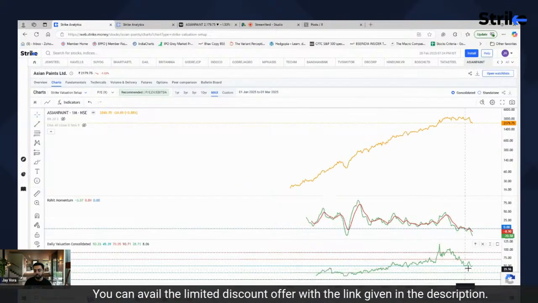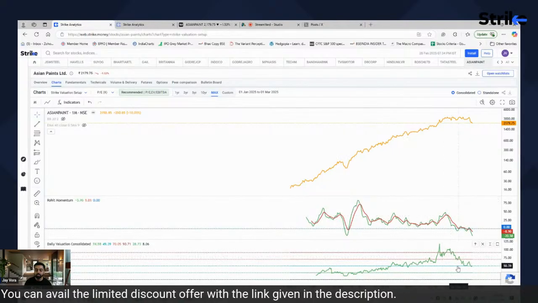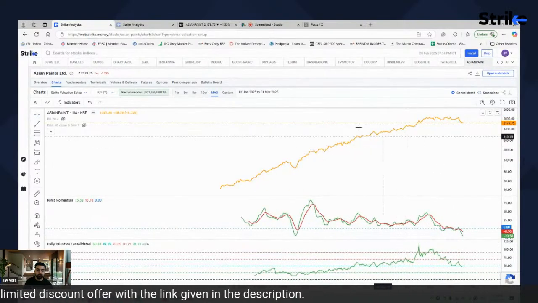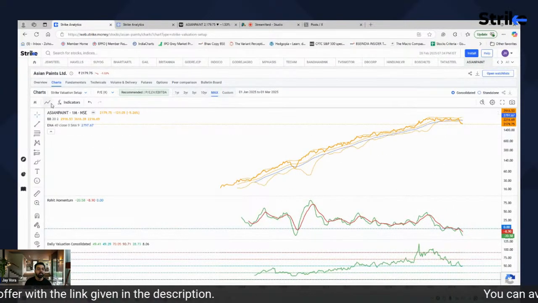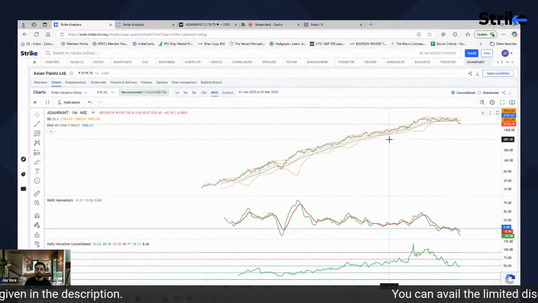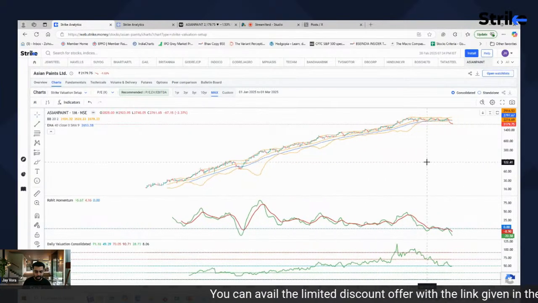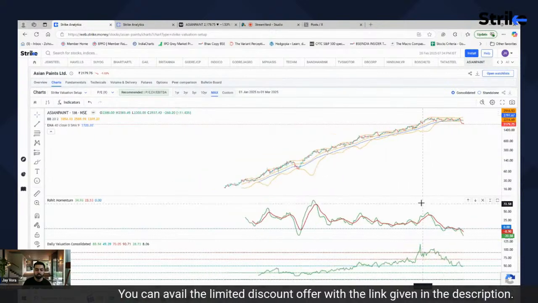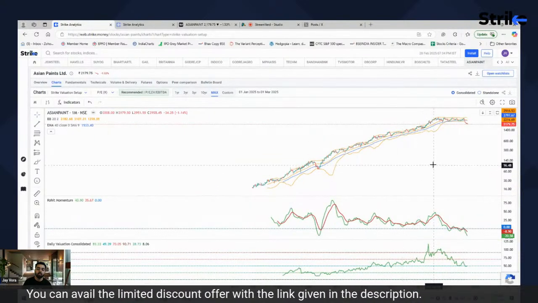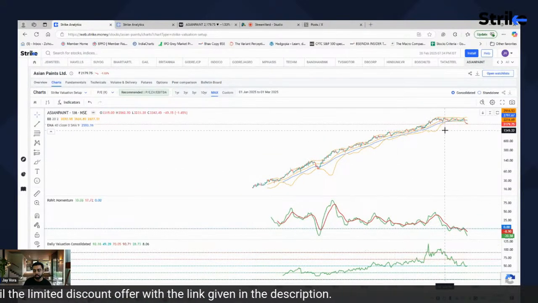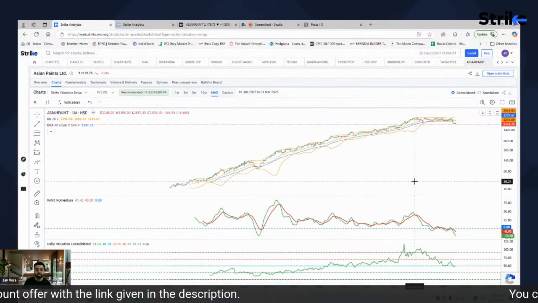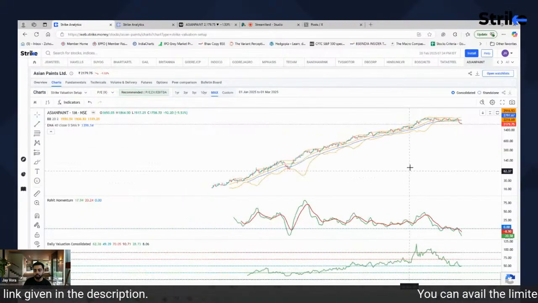So yes, this is where this screen will help you a lot in identifying where big trend shifts are happening. You will have to do a little bit of work to understand where we are in the broader scheme of things, and where you need to take a bet.